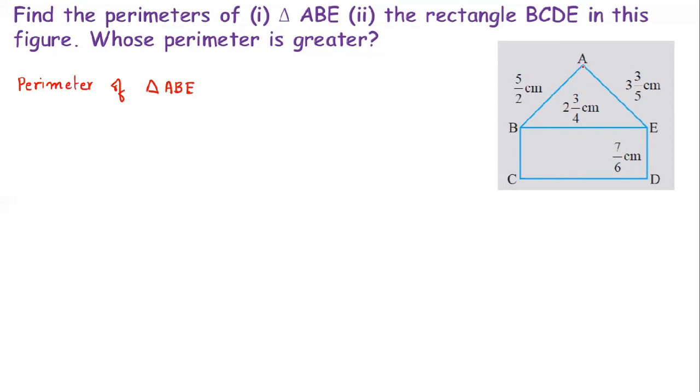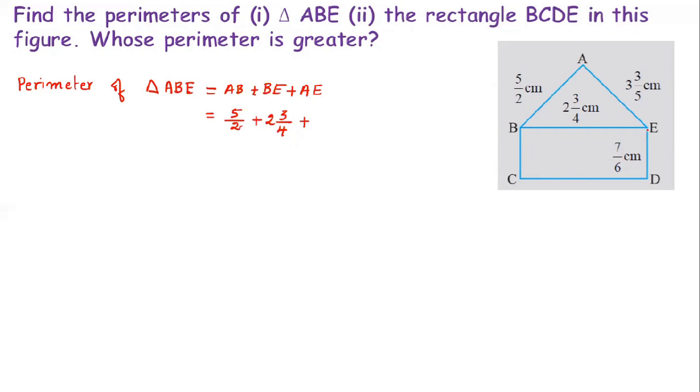Now the sides of triangle ABE are AB, BE and AE. What is the length of AB? 5/2 centimeter. What is the length of BE? 2 3/4 centimeter.